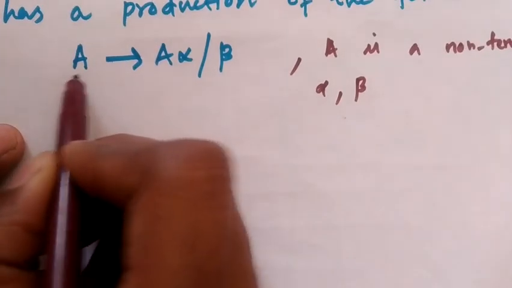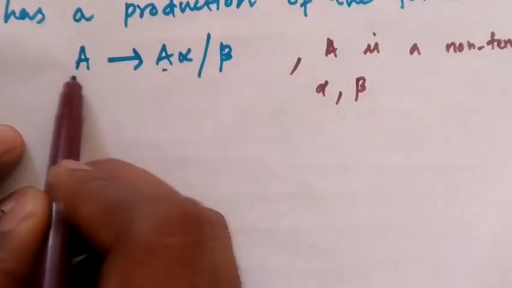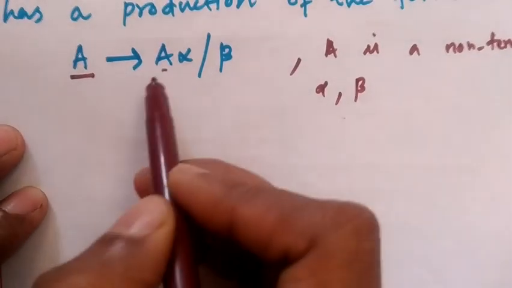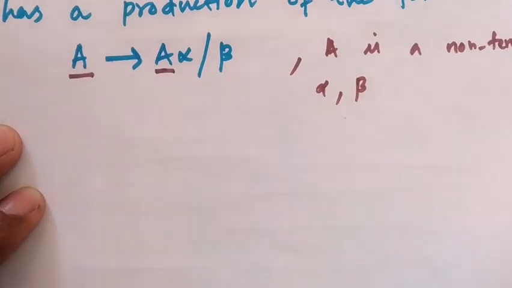This is a production which is present in the grammar G, where the left side of the production is the non-terminal A, and the leftmost symbol in the right side of the production is also A.